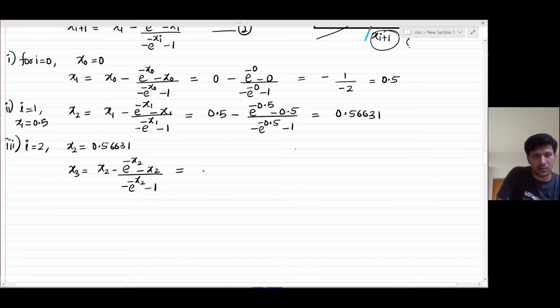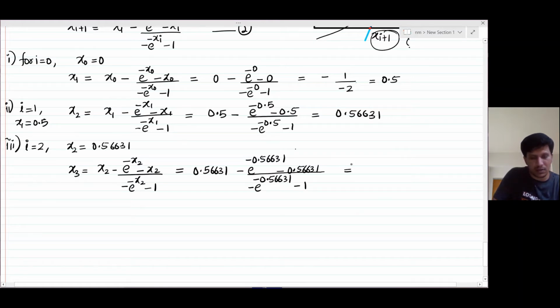Put the x2 value, that is 0.56631 minus (e raised to minus 0.56631 minus 0.56631) divided by (minus e raised to minus 0.56631 minus 1). Then x3 comes out to be 0.5671436165.